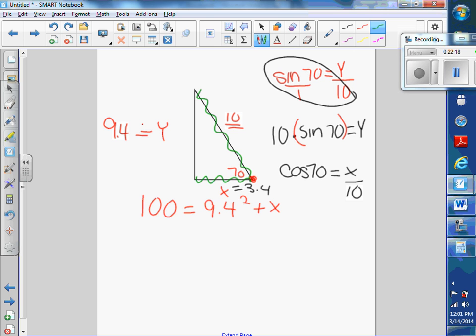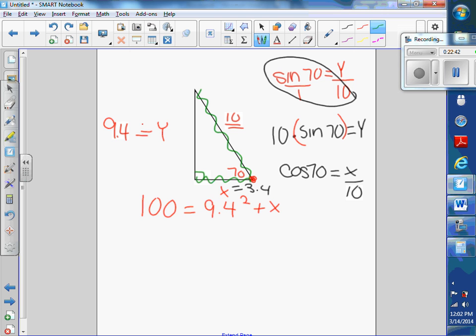The hypotenuse is always across from the right angle. So opposite changes depending on your reference point. Since I'm using 70, my opposite side is y. That's just how we name it in the triangle.